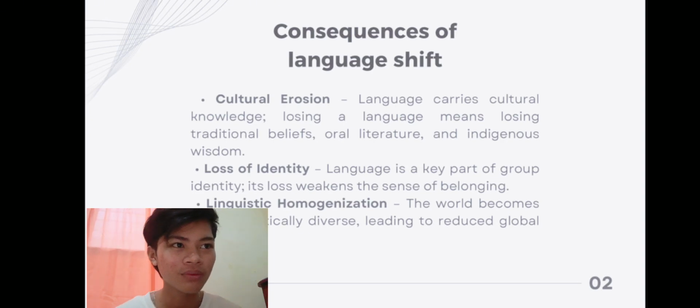Language helps people feel a sense of belonging. When it's gone, communities may feel disconnected from who they really are. Number three, linguistic homogenization. The world becomes more the same. If everyone speaks the same few languages, we lose the beauty and richness of linguistic diversity.